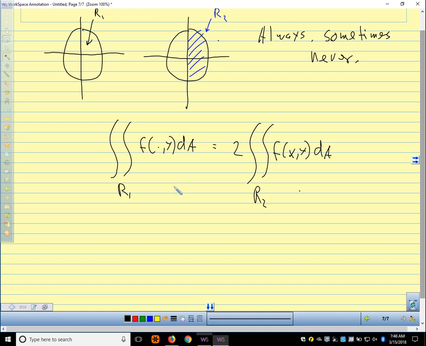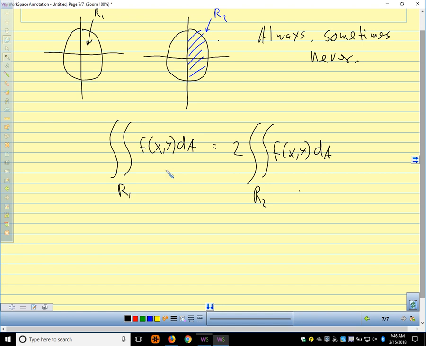For R2, you could go from negative pi over 2 to pi over 2. My point here is be careful when you decide to multiply an integral by a constant, because whether or not you can do that depends on f of xy.